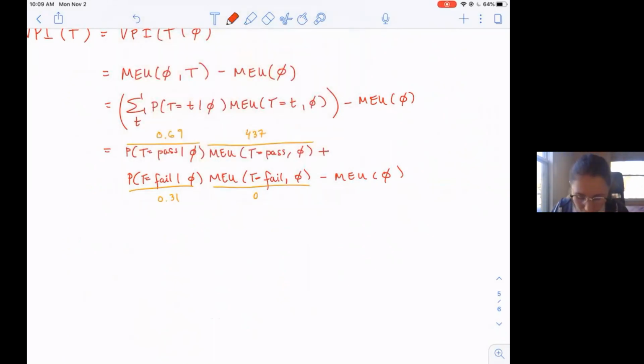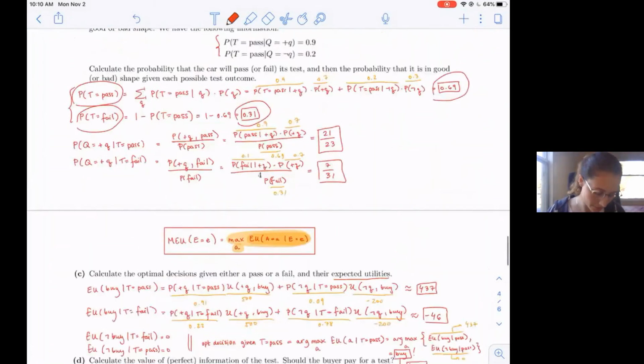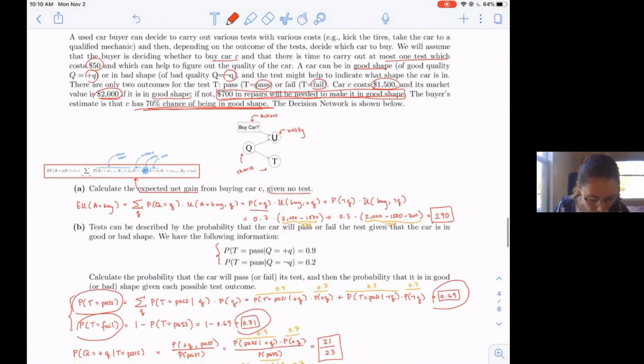Finally, what about this maximum expected utility of gaining value when we don't know anything? This component is something we actually computed way back in the earlier part of the problem. At the very beginning of this problem, remember, we calculated the expected gain from buying the car given no test. And so this expected utility is exactly capturing this quantity that we care about, which is how much value we get if we just buy the car and we have no information about our test.